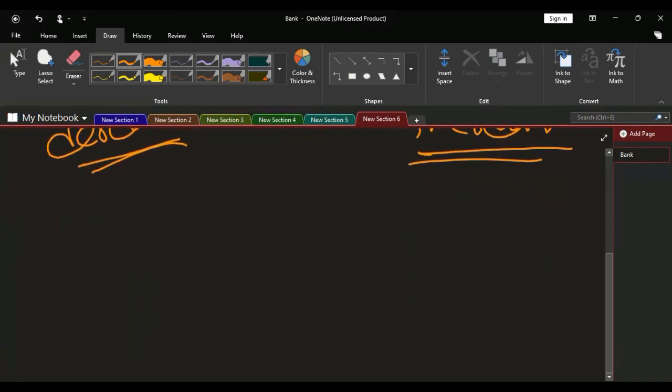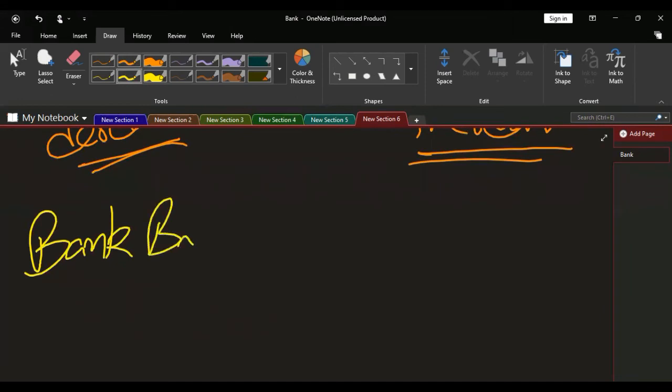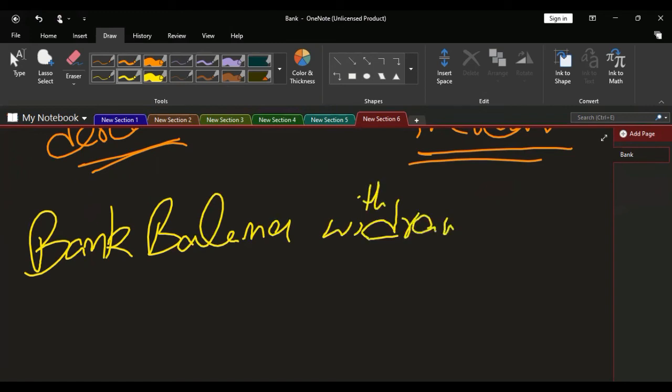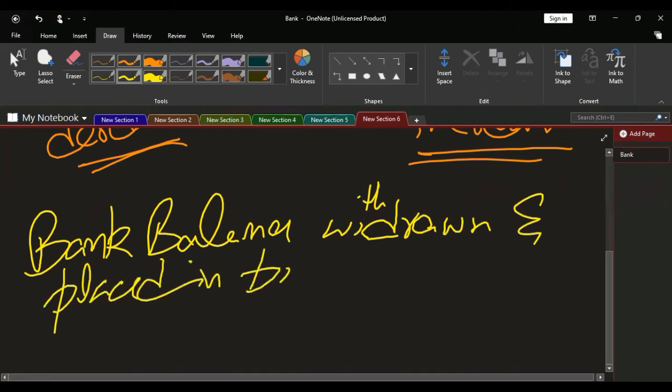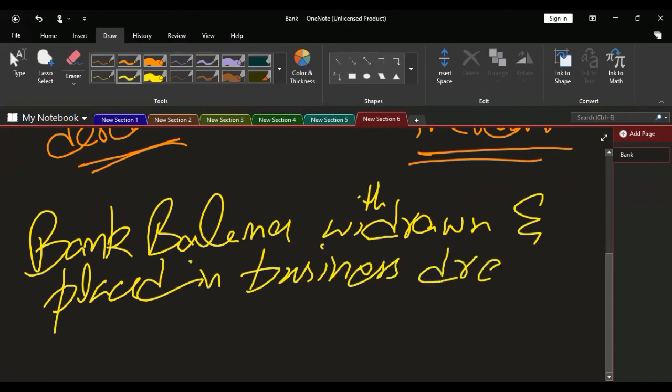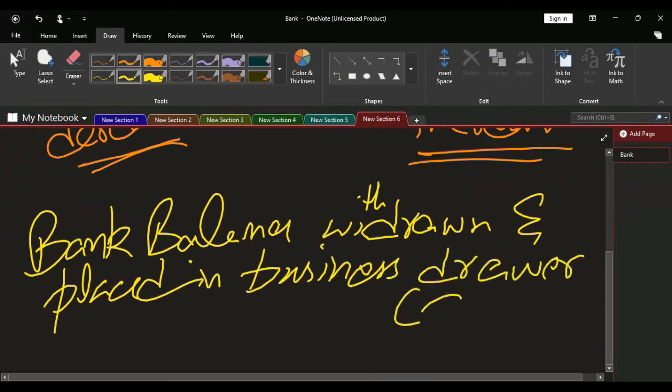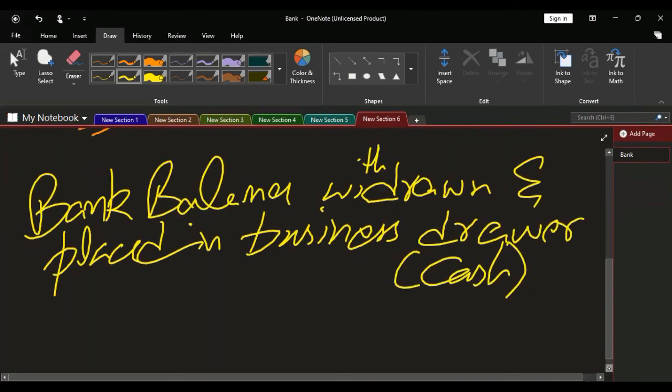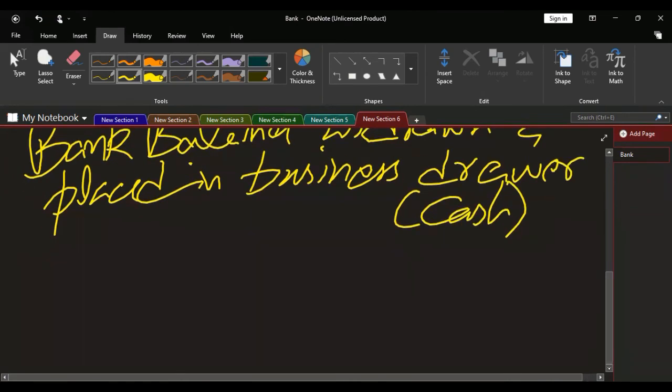Similarly, when the bank balance is withdrawn and placed in the business drawer as cash, then two areas are affected here.